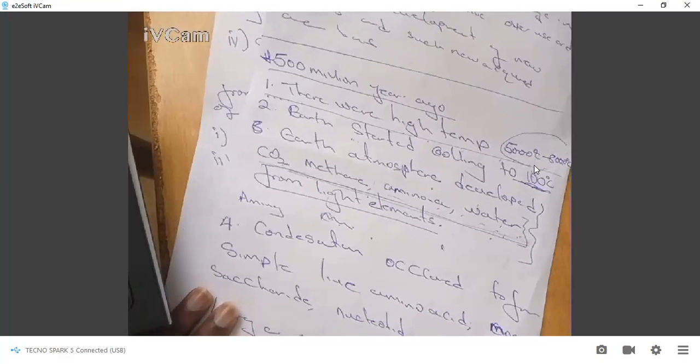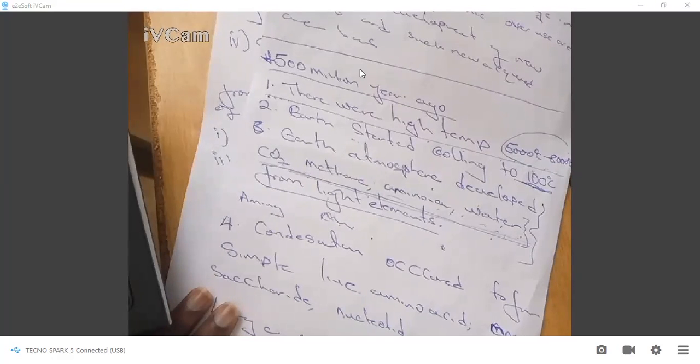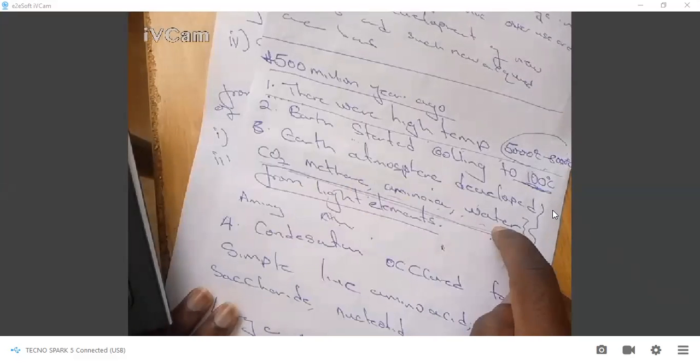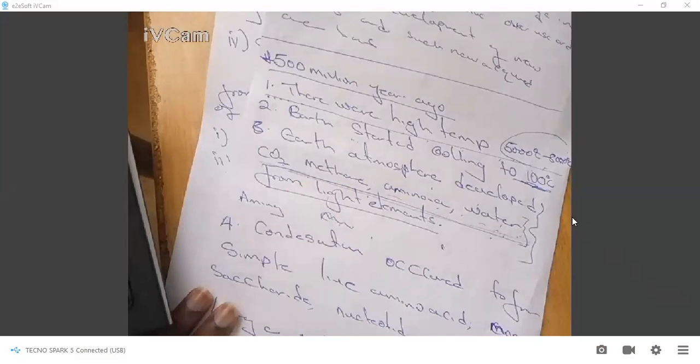But abruptly, it decreased rapidly from 10,000 to 100 degrees Celsius. As the Earth's atmosphere cooled, those elements came together and formed the small molecules like carbon dioxide, methanol, ammonia, and the water, which later condensed together.